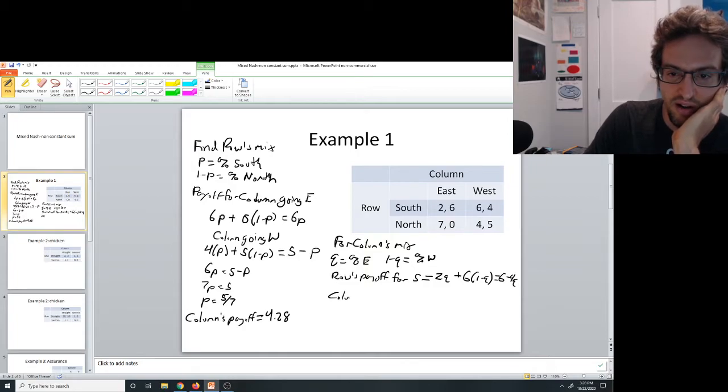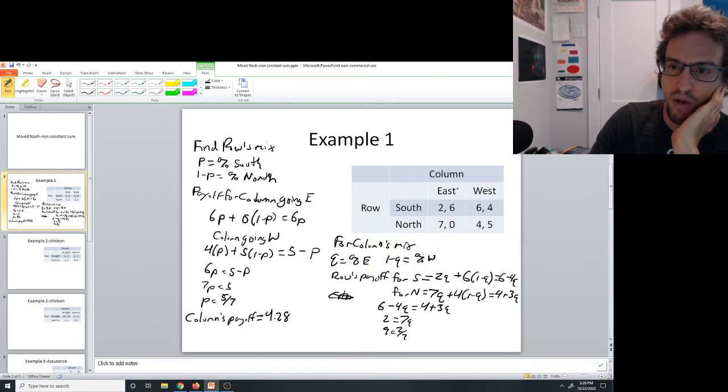And row's payoff for north is 7Q plus 4 times 1 minus Q, which is 4 plus 3Q. We set those equal, so 6 minus 4Q equals 4 plus 3Q. This is 2 equals 7Q, so Q equals 2/7.